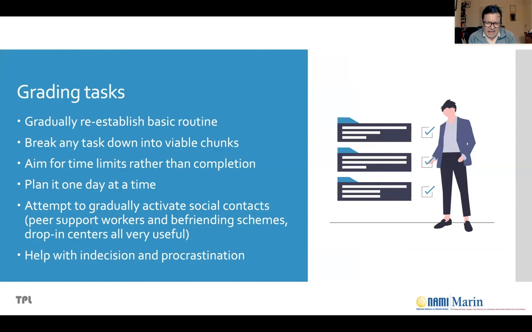So with the tasks that we do, we're trying to slowly re-establish a basic routine. We're going to break any task down into small, doable bits. So in the fishing example, we watch the program, then we might show a bit of interest in a magazine about fishing, and then we might say, I wonder if we could find that fishing rod. Have you any idea where it might be?